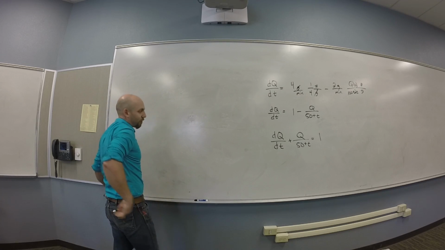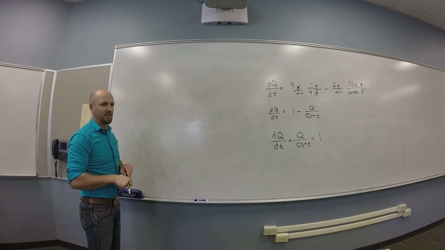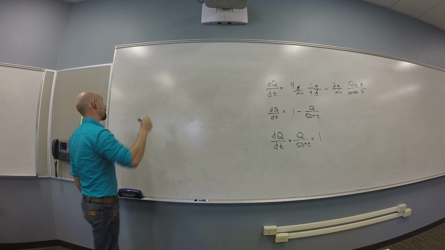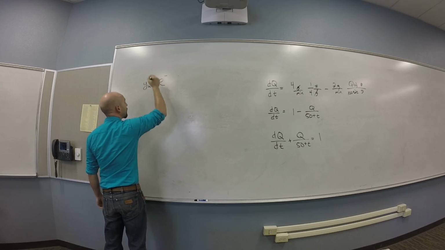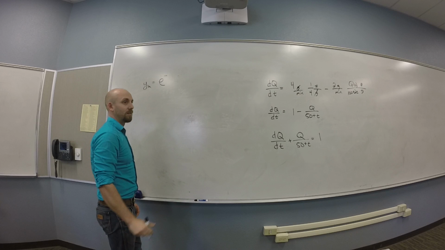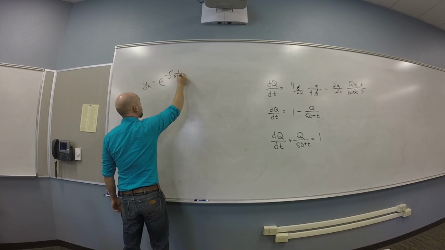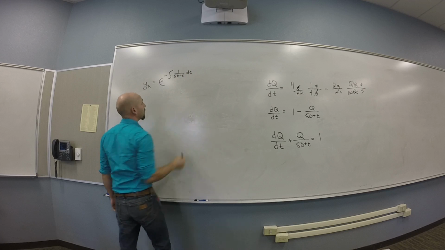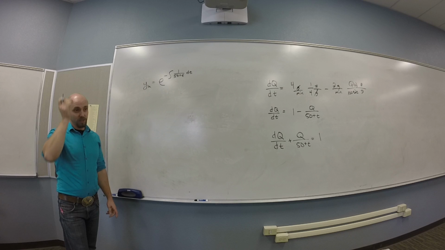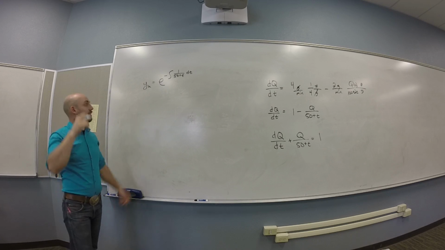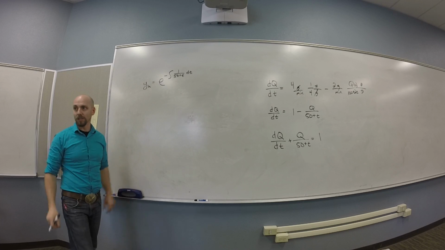So how do you solve these? Solve the homogeneous equation. Your homogeneous solution should be e to the minus integral of 1 over 50 plus t dt. I'm just going to drop the constant when I get there.